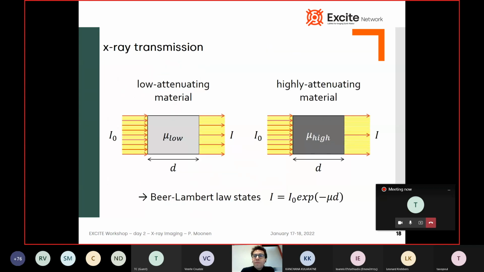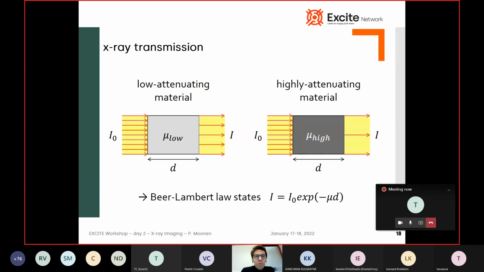So here at the left, a very low attenuating material, for example, hydrogen. A hydrogen atom only has one electron orbiting around the nucleus. Therefore, there is very low interaction between the atom and the X-ray beam, and the beam makes it through almost unharmed.